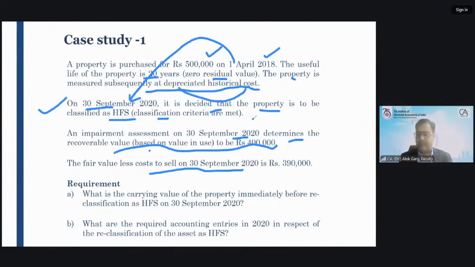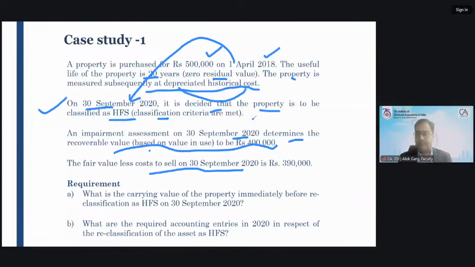When we compare the carrying value with the recoverable value, the recoverable value is 4 lakh. Since it is a cost model, we will also provide the impairment loss. So 37,500 will go to the impairment loss. The carrying value will be 4 lakh rupees. Again, we have to compare with the fair value less cost to sell.